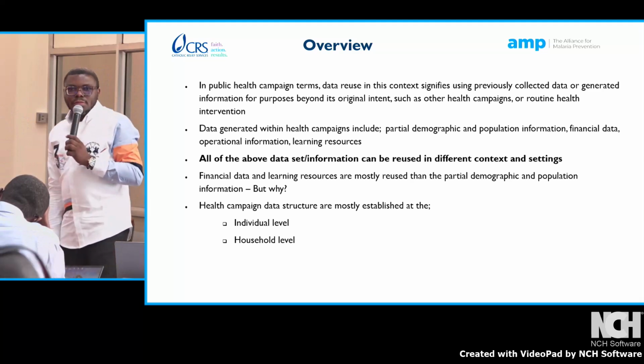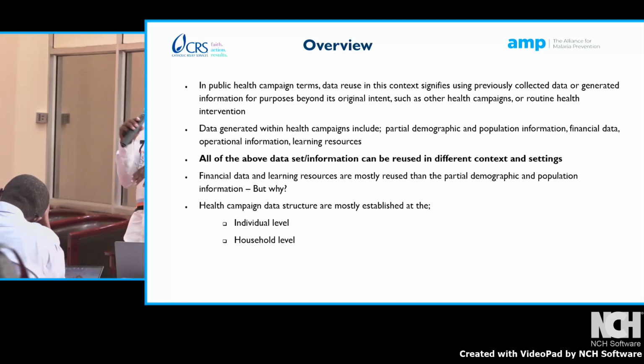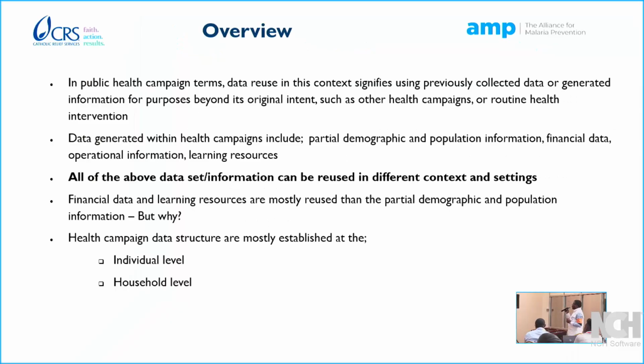Now, what kind of data do we get with health campaigns? So we get partial demographic information. What this means is that we get the name of the head of household, the number of people living in the household, we get the geo coordinates, but we still have some other aspects of data that we don't receive in the course of a campaign.